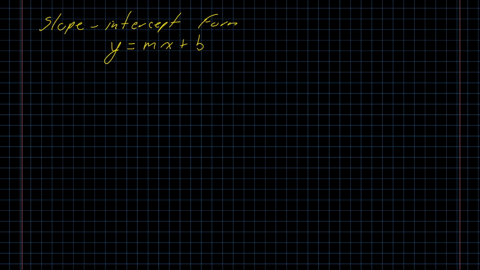Whenever you have an equation in this form, the coefficient on x is your slope. The constant term is the y-coordinate of the y-intercept. The x-coordinate of the y-intercept is always 0. The y-coordinate is this value b. Your slope and your point are read directly off of the equation. You don't have to do any work whatsoever.